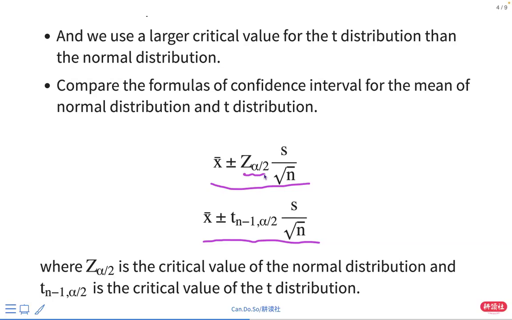You see here, the normal distribution has no degrees of freedom, but the t-distribution has degrees of freedom, which is n-1. And if it is two-sided, alpha is divided by 2. That gives the critical value.